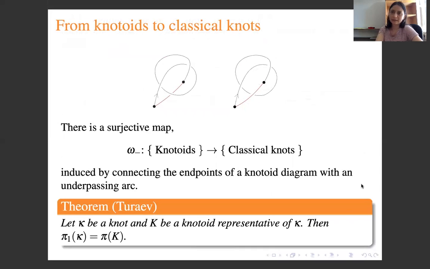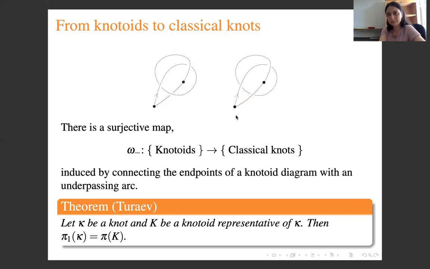And we have an obvious connection between knotoids and classical knots embedded in three-dimensional space. Actually, when we have a knotoid diagram, we have two available connections for the endpoints to obtain a classical knot diagram with an orientation on it. Here is an example. We start with the same knotoid diagram, and in the first picture, we choose to tie the endpoints with an underpassing arc, shown in red.